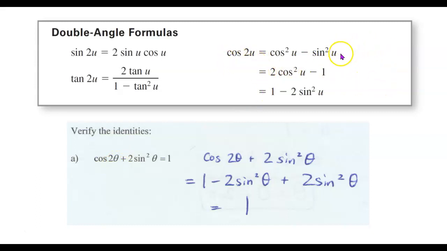I can replace it with any one of these 3, but the one that's going to be most helpful is to replace it with 1 minus 2 times the sine squared of u, but in place of u we have theta. So 1 minus 2 times the sine squared of theta plus 2 times the sine squared of theta. And then the minus and the plus cancel out. This is equal to just 1.